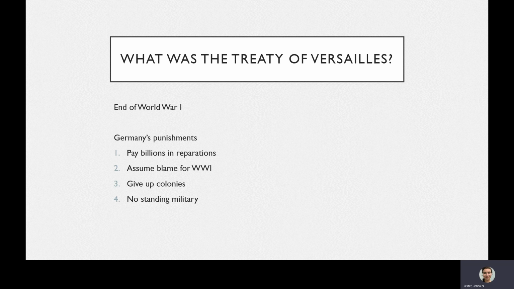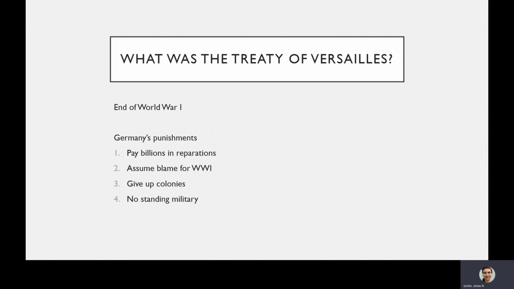One, they had to pay billions of dollars in reparations. Two, they had to assume blame for World War I, which doesn't sound like a big deal, but that was a huge problem for their honor. Three, they had to give up their colonies, which was the primary way that they made money. So that's a really big problem.